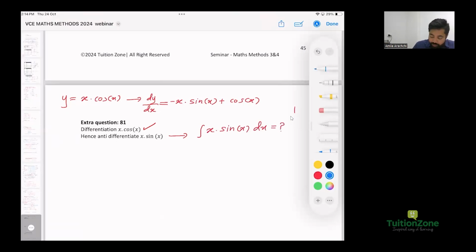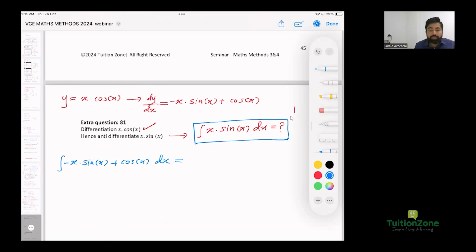As I said, don't start from here. Where do we start from? We start from the previous result, which means I'll grab integration of negative x sin x plus cos x dx should be equal to what?